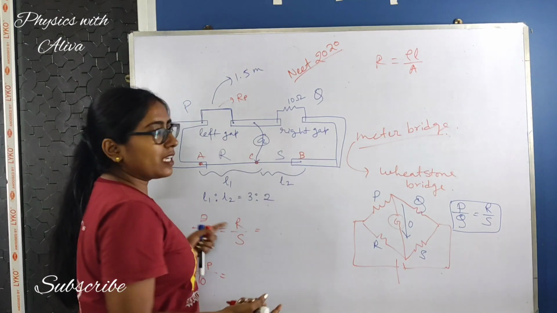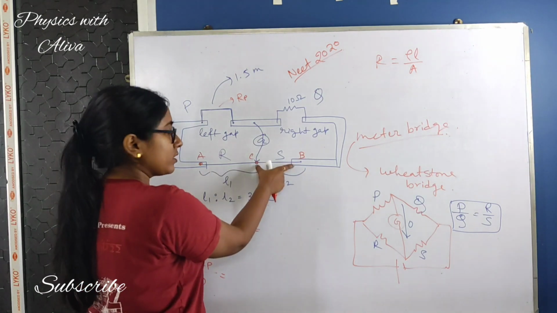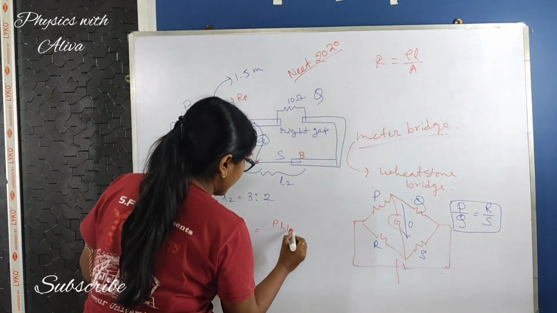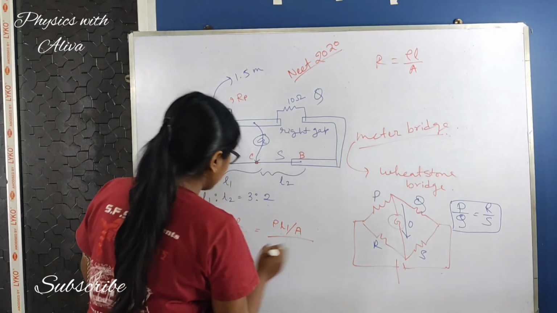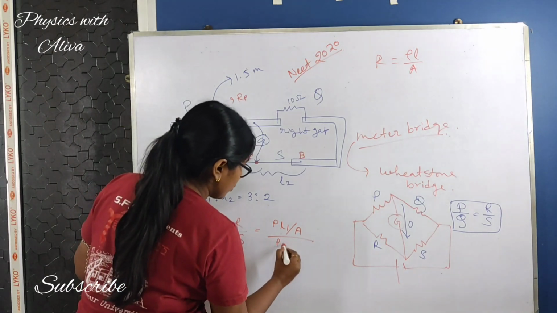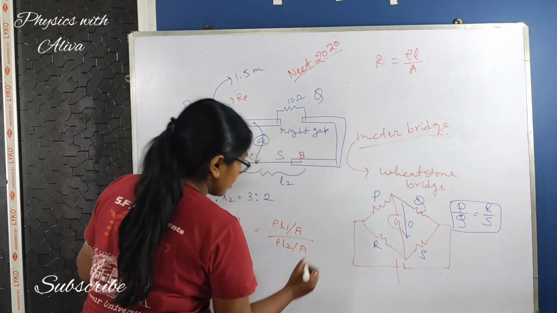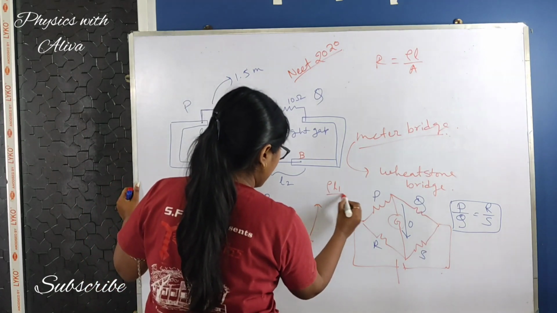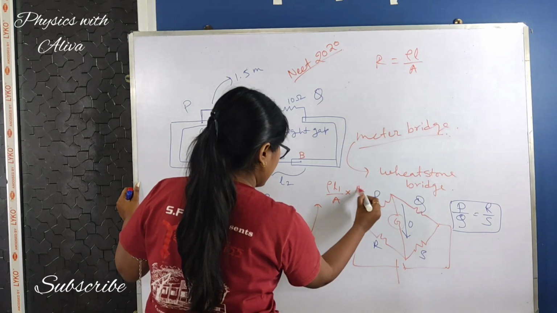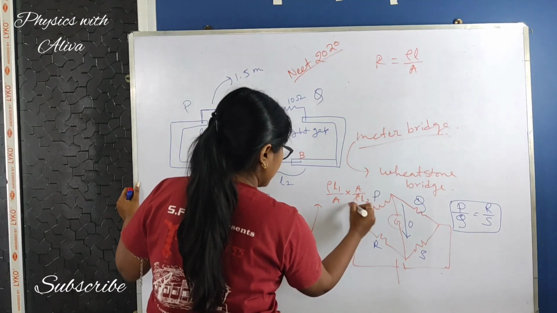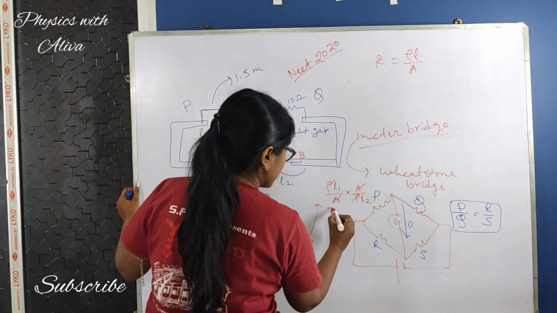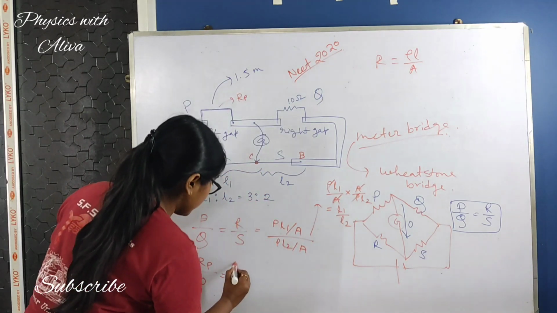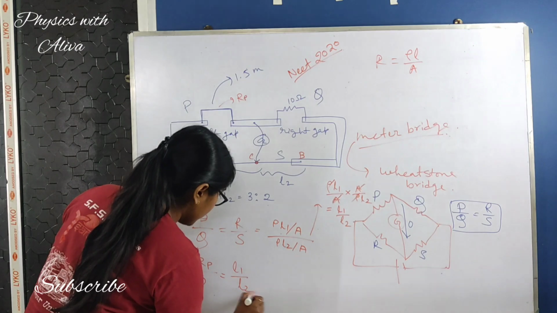And the rho and the A are the same for this part and this part. So in place of R we can write rho L1 by A, and in place of S we can write rho L2 by A. So from here we can write rho L1 by A into A by rho L2. This rho will cancel out, A will cancel out, then we will get L1 by L2.